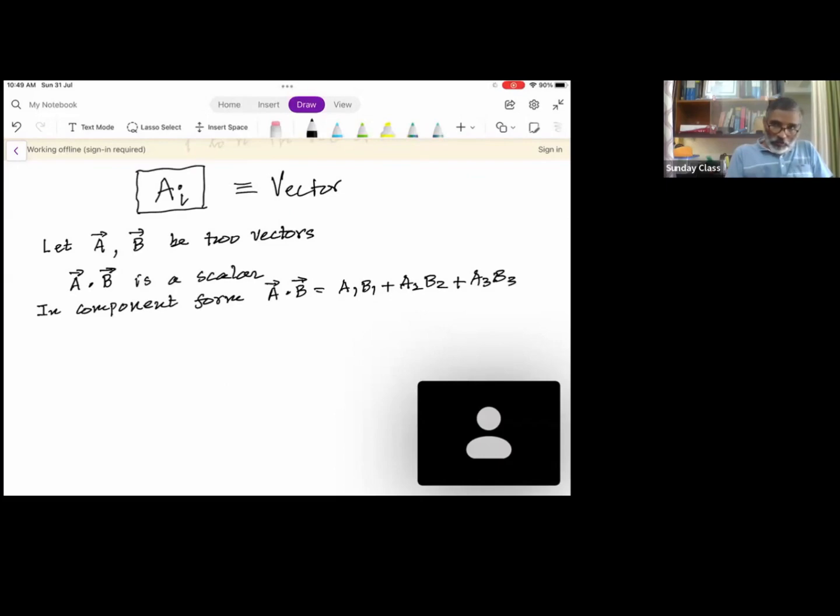Now in index notation, you write A dot B as A_j B_j. Now this index j is repeated.